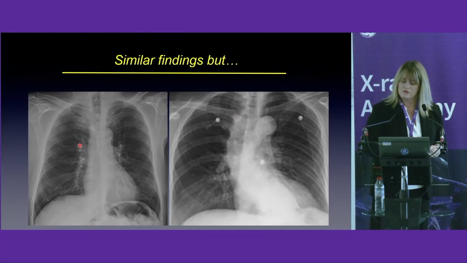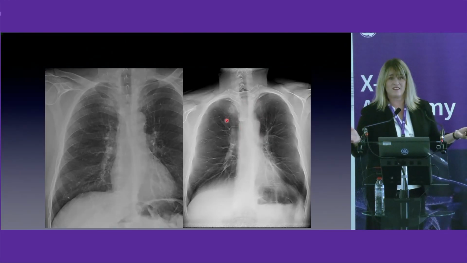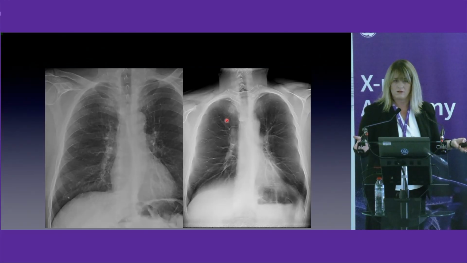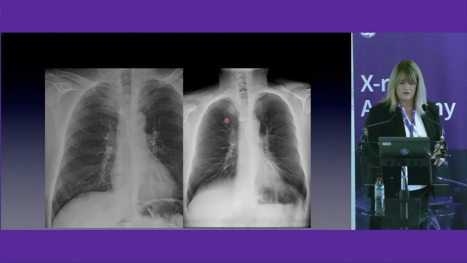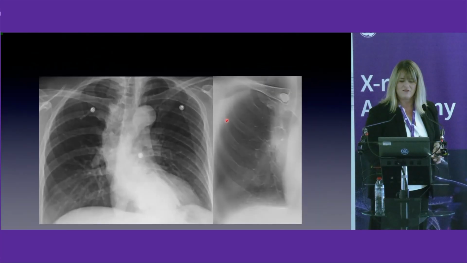So what we can do now, we always have to perform a DTS and take a look at this. How can we call this? Not different in glossary of terms. So this one is a lung nodule, okay? Score 5, we are pretty sure this one is a lesion. And what about the other patient?